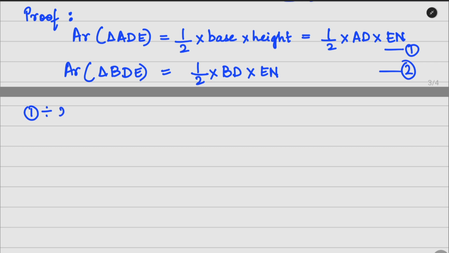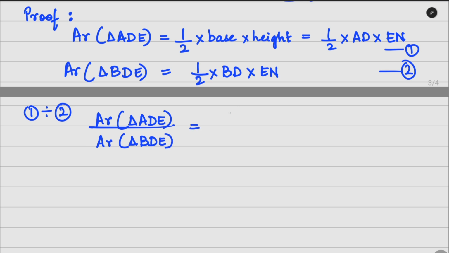1 divided by 2. So what do you get? Area of triangle ADE divided by area of triangle BDE is equal to half into AD multiplied by EN divided by half multiplied by BD into EN.